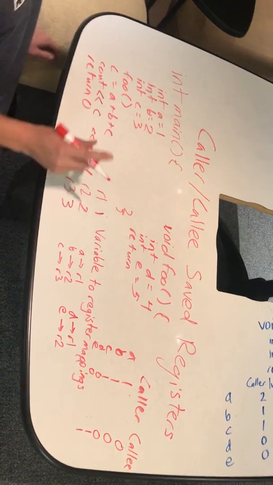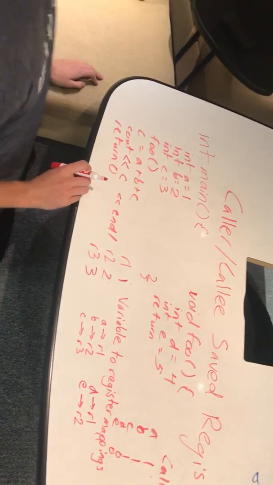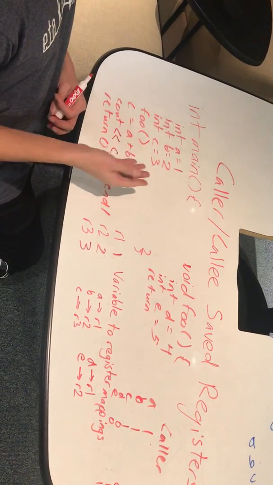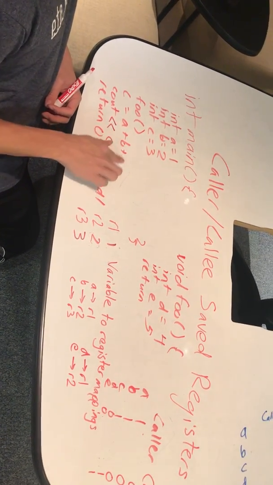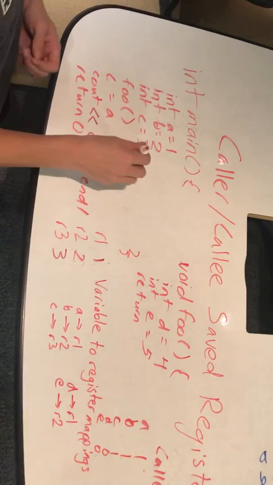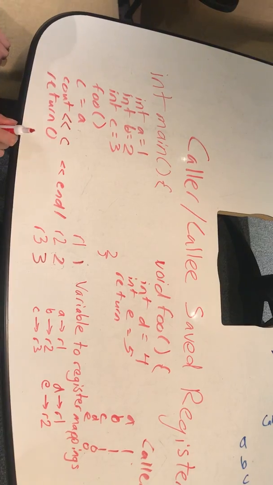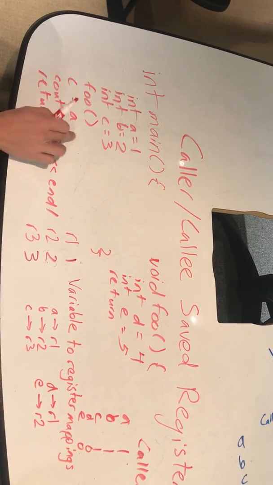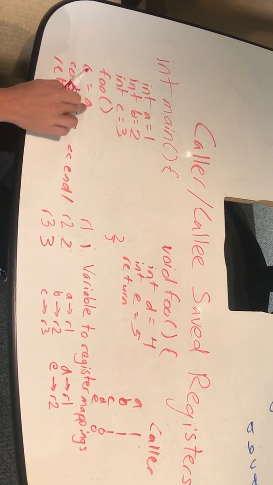One more thing I want to mention applies specifically to caller save. I already mentioned that the caller only needs to save the registers that it cares about. So say instead of C equals A plus B plus C, we just have C equals A here.